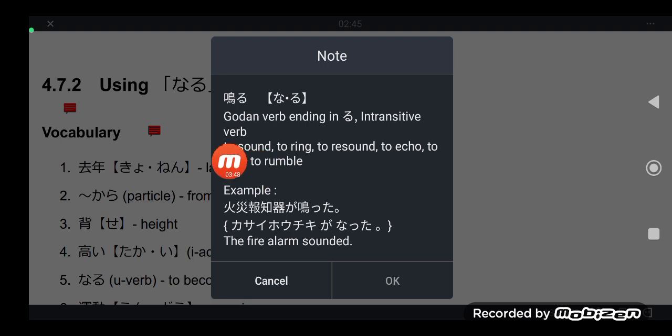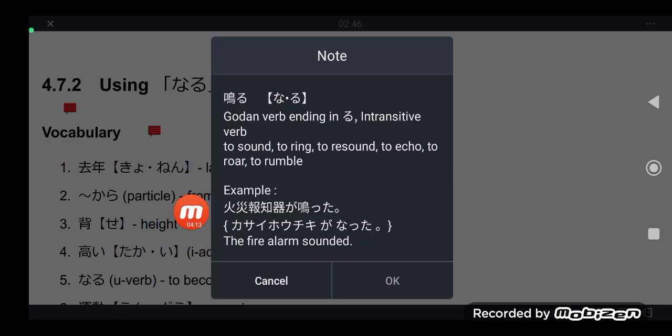To sound, as in birds chirp, or a bird makes its chirping. Or to ring, say cell phone or telephone, or alarm. Okay, this is also naru. Take note of the kanji and its kunyomi, also naru, so please don't be confused.